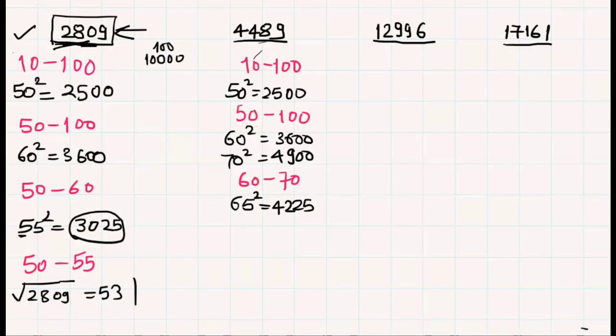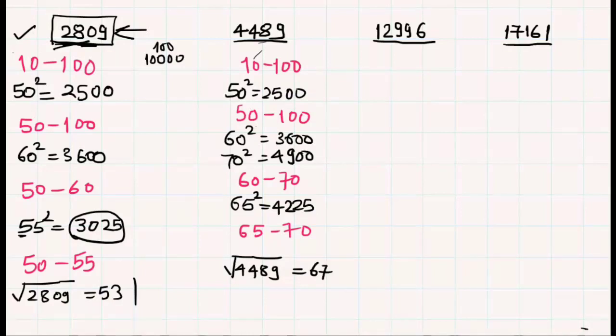I can say that the square root lies between 65 to 70. And now it has become clear, apparent, that the square root of 4489 is, what is it? 67. Why?